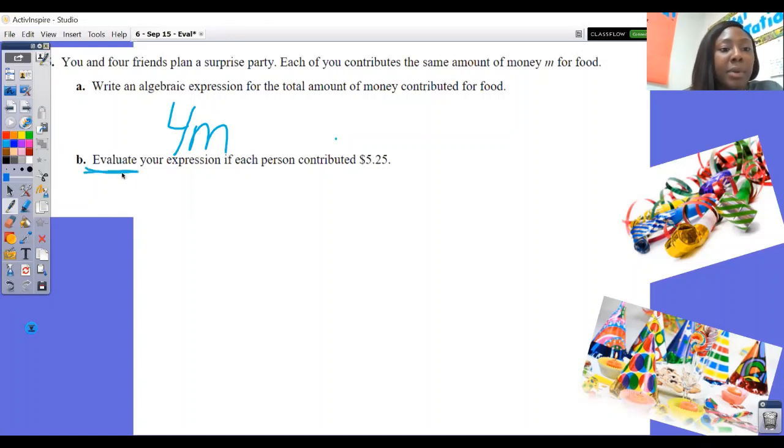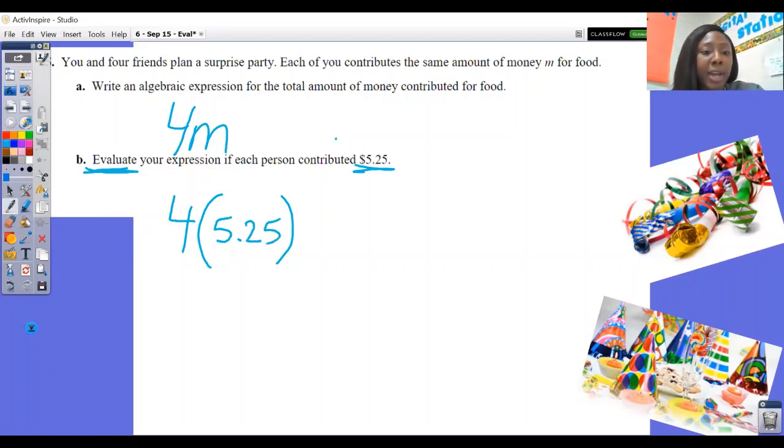Remember, once again, keyword evaluate means we're just plugging in the number that needs to go in there. So in this case, we have 4 and then parentheses, because instead of M, now we have 5.25, because they're saying each person contributed 5.25.